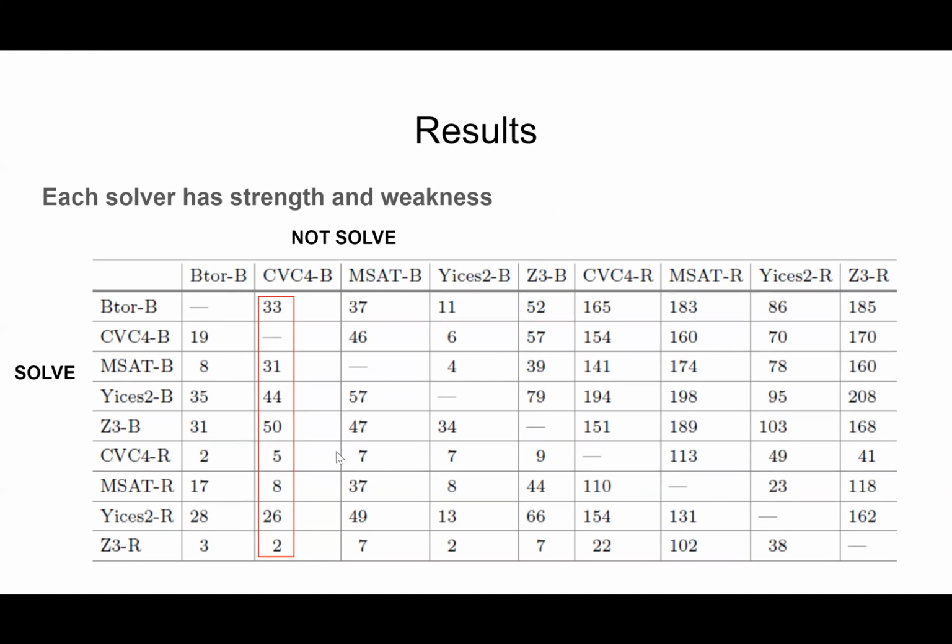So each column has a significant number of benchmarks which cannot be solved. So we know that we have to combine several solvers together to cover more benchmarks.